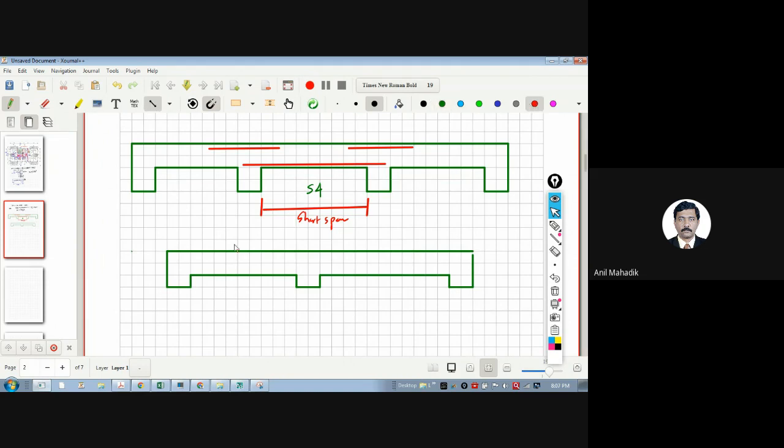Now in this case, this is your longer span, long span.